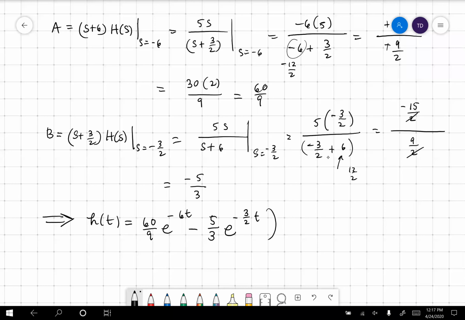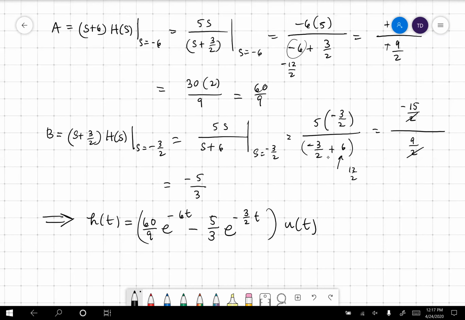And again, in our book, our author likes to put a u of t on these for a reason. The reason is because we're using the one-sided Laplace transform, so we don't care about what's going on on the other side, so we just pop a u of t in there. And there's our answer.